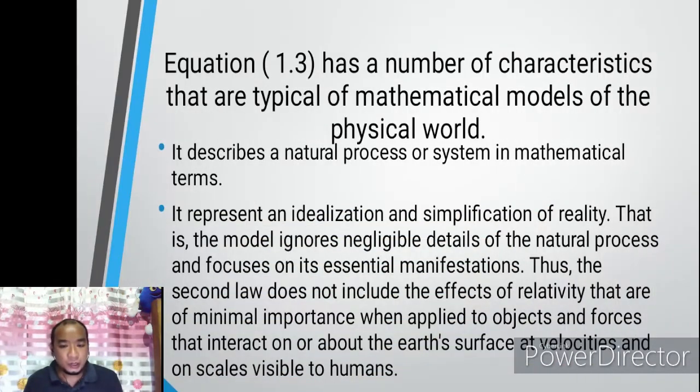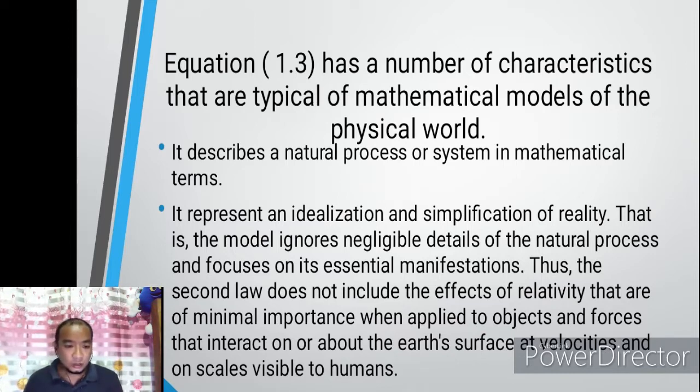The equation has a number of characteristics that are typical of mathematical models of the physical world. It describes a natural process or system in mathematical terms. It represents an idealization and simplification of reality. That is, the model ignores negligible details of the natural process and focuses on its essential manifestations.